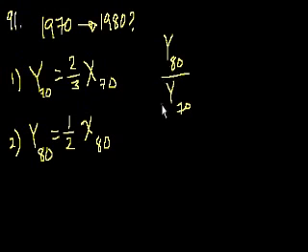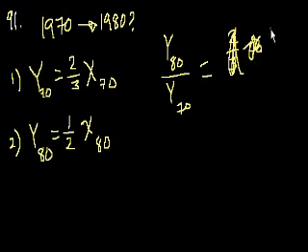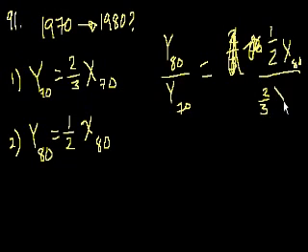But I can prove mathematically that we still can't figure this out, because Y80 divided by Y70 is equal to 1/2 X in 1980 divided by 2/3 X in 1970, right?